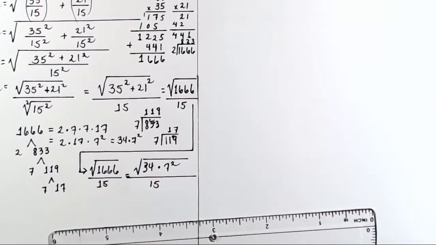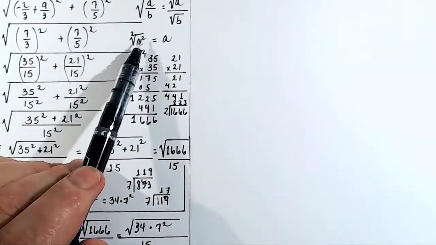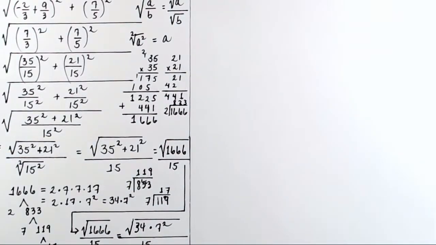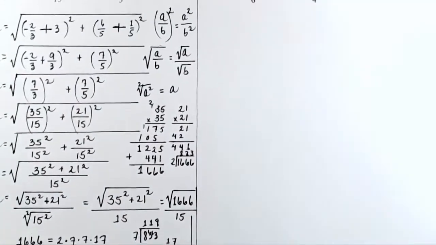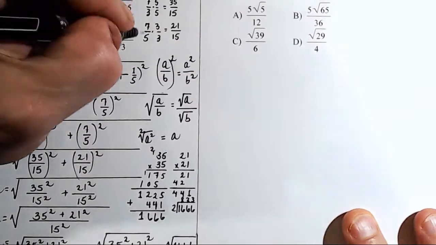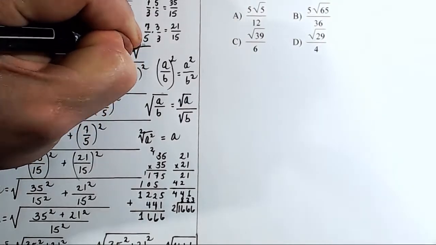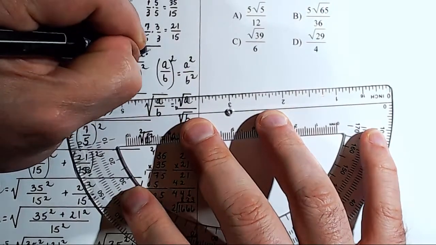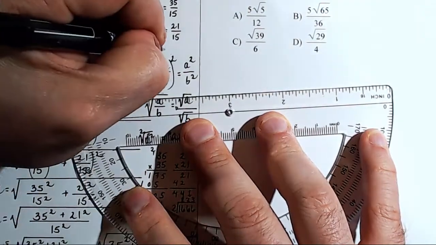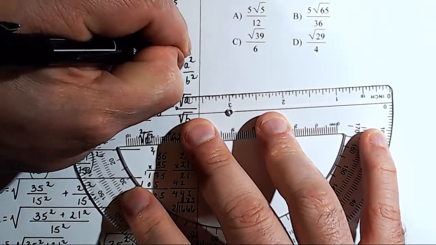And now we can exploit a property, right? Remember, the square root of any number squared is just that number. So here's what I can do. There's another property of square roots that we can exploit here, which is that the square root of a times b is equal to the square root of a times the square root of b.